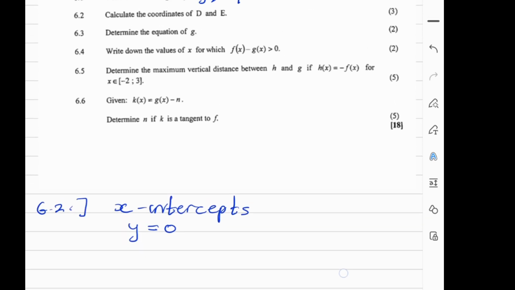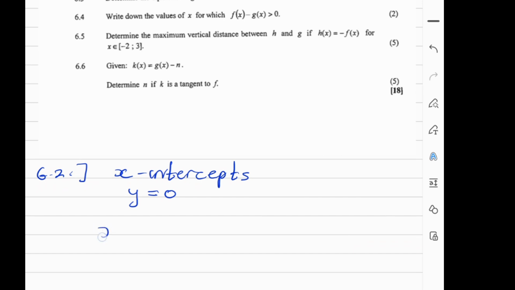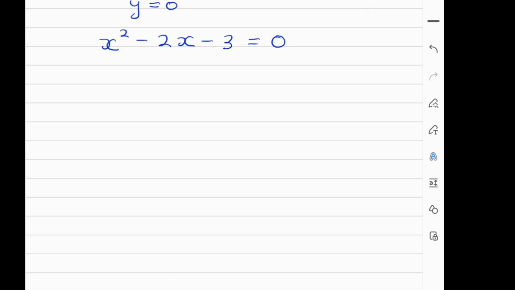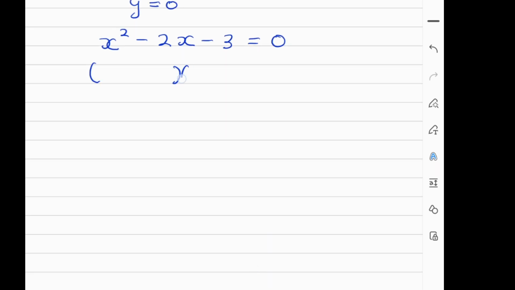So in this case, we take our function x² - 2x - 3 and equate that to 0, and then we can just solve for x. So x is equal to -1 or x is equal to 3.